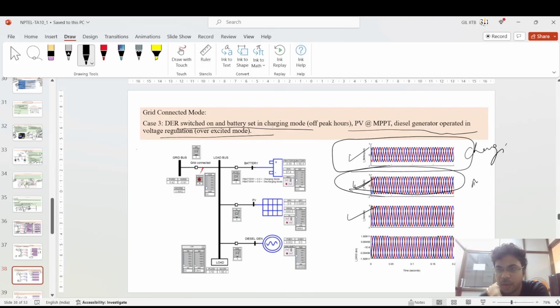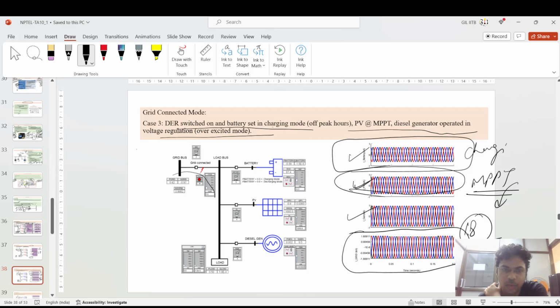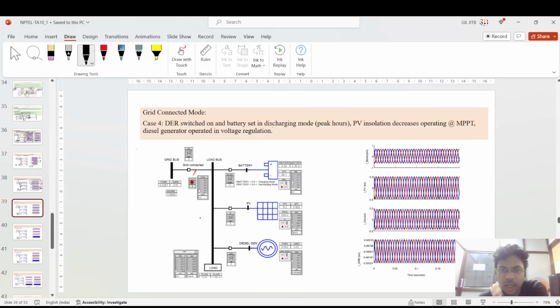The battery is taking the power because it is charging, but the PV is operating in MPPT, so it is injecting power into the grid and this load. So in the load, the power drawn from the grid got reduced, because local generation is supplying power to the system.